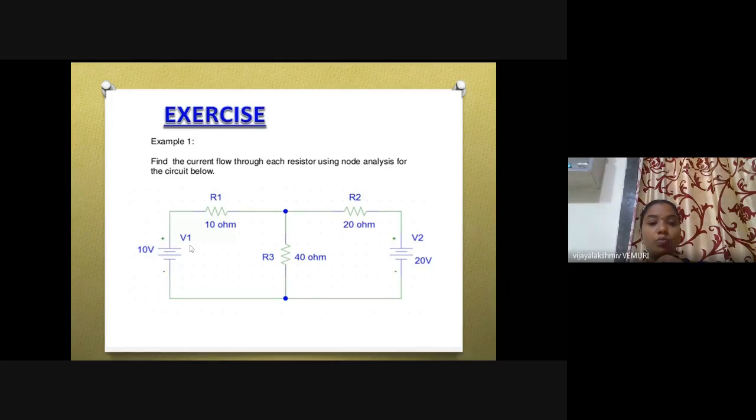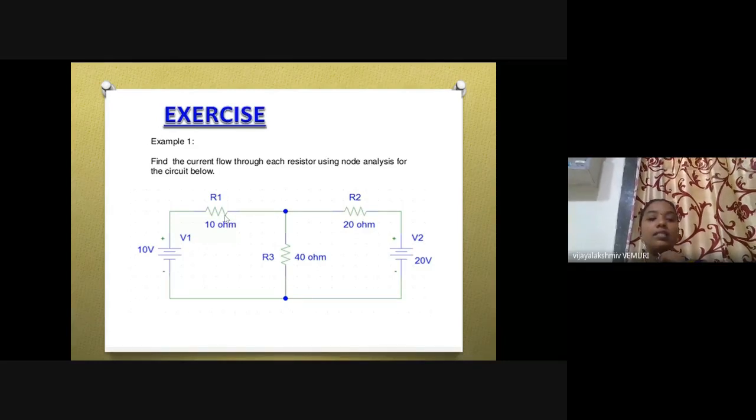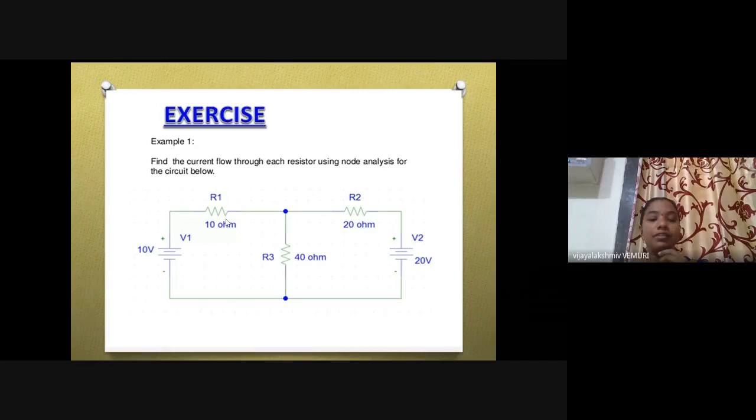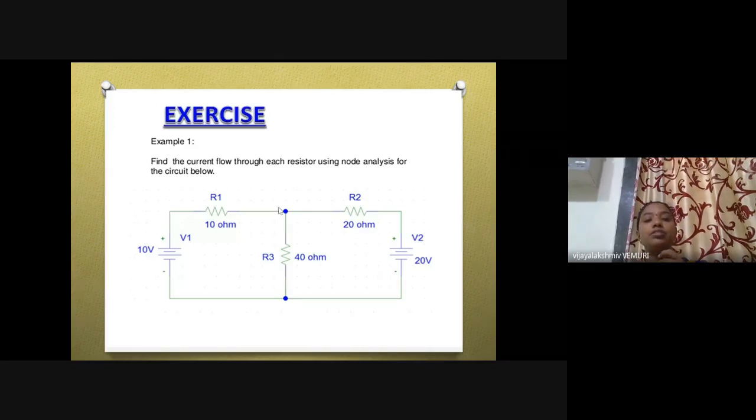So these two branches are both considered to be an essential branch. In common, these two are called an essential branch. So from here to here, this complete path is considered to be an essential branch.